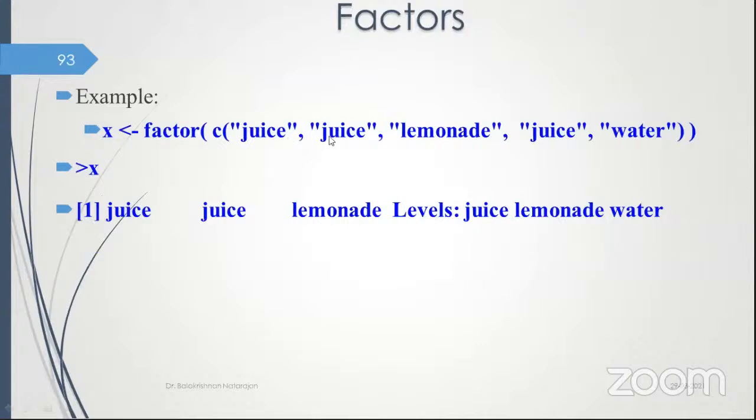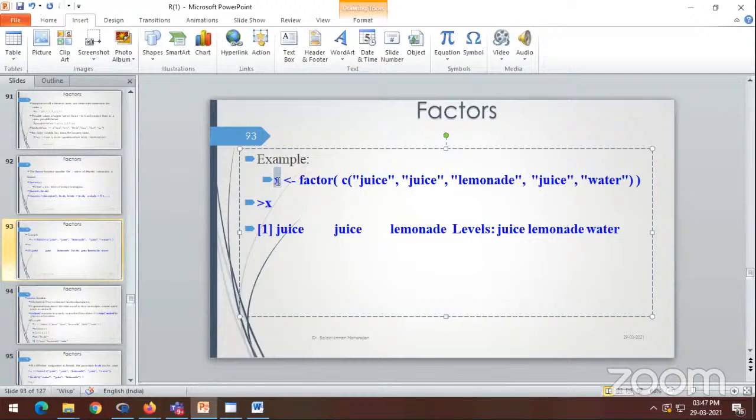Okay. So this is the occurrences of the human beings, or the people, what they prefer. And these levels will be juice, lemonade, and water. And if you create a factor like that, it gives you something like this. So let me display it.